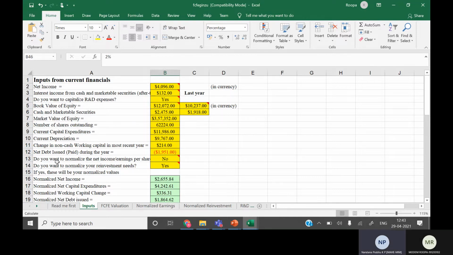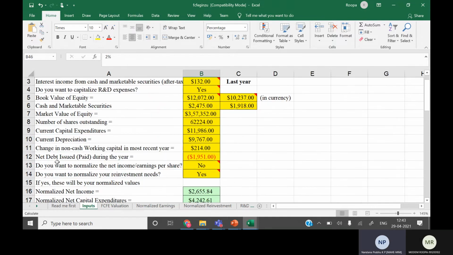In row number 13, there is a question: do you want to normalize the net income earning per share? Because there might be volatility in the net income or earning per share. If you say no, there is no problem. But if you say yes, how do we do that?